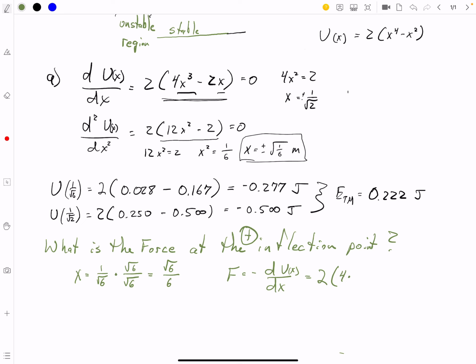Is it cubed? Yeah, cubed. Okay, so I'm just going to multiply by 4, so we don't have to screw around with even the 4. And we'll write out, that's 0.272 newtons.